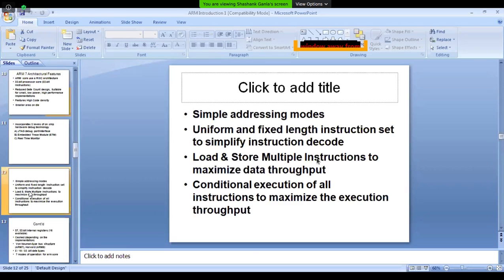The benefit of load store multiple instructions in ARM architecture is that it maximizes data throughput. Data throughput talks about how many data bits or bytes can be copied from source to destination in a single instruction.